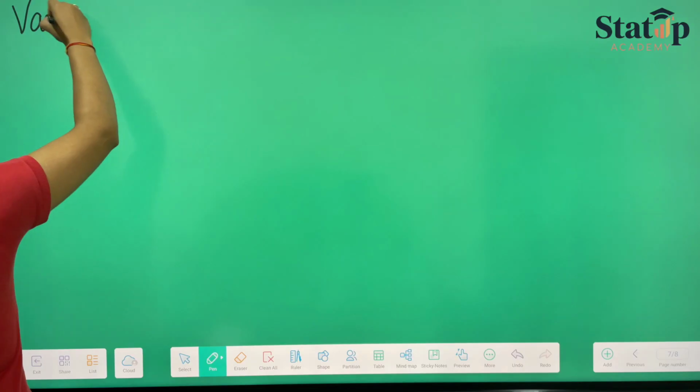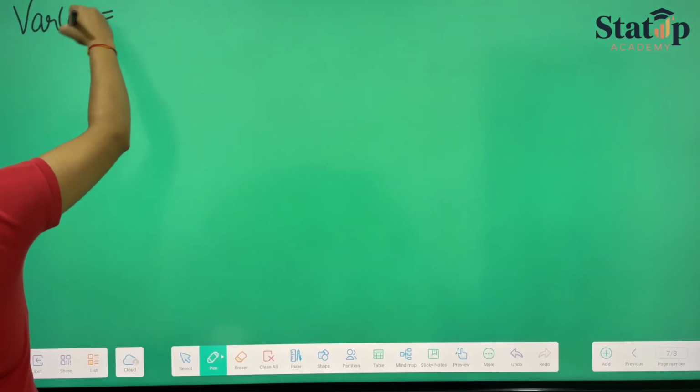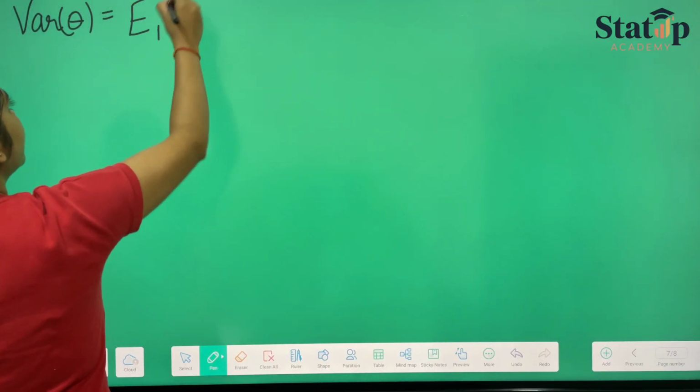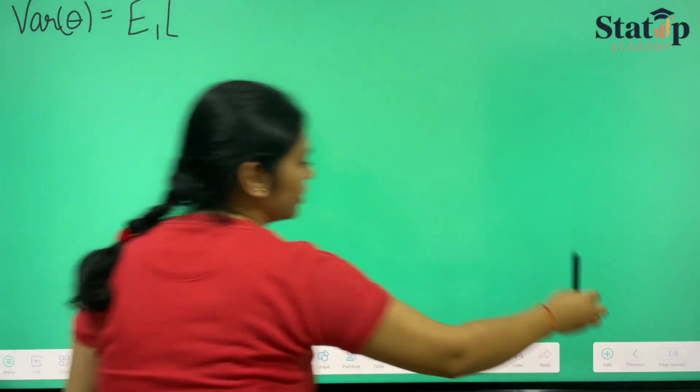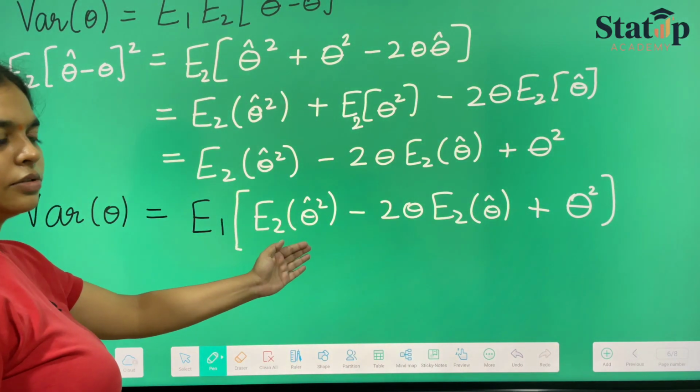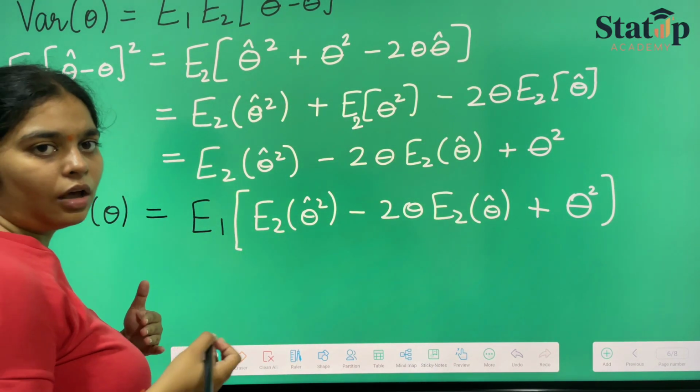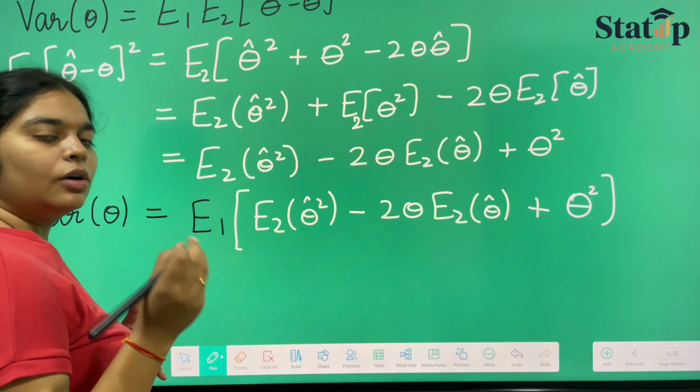Variance of theta is nothing but E1 of E2 theta cap square, and this E2 theta cap square can be written as variance of theta cap plus E2 of theta cap whole square.